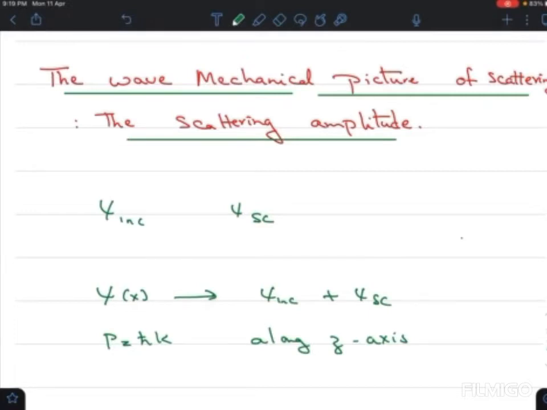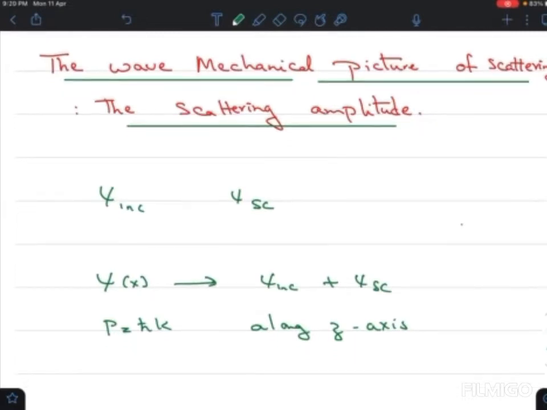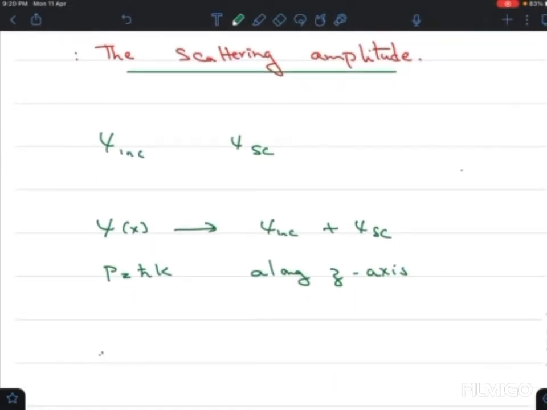Here we have considered the momentum h cross k along the z direction, and this must evidently be described by a plane wave. That is, psi incident we consider as a plane wave, and a plane wave can be represented as e raised to i k z.